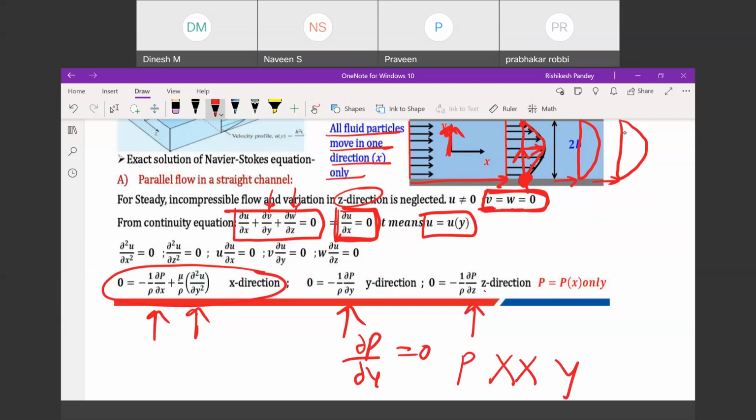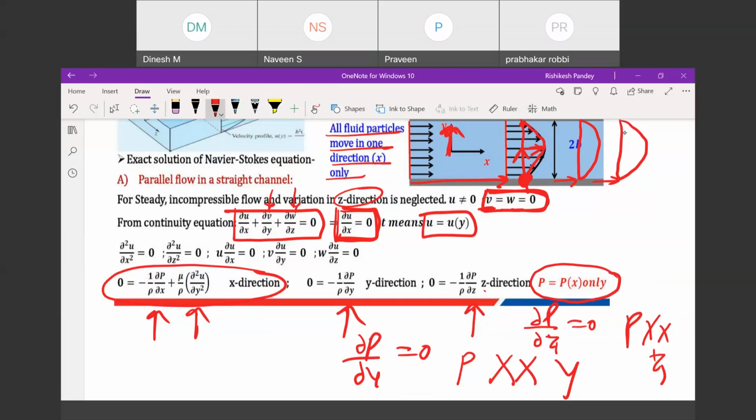Also ∂p/∂z is 0, that means pressure is not varying in z direction. A very important conclusion: pressure varies only in x direction. They can ask this. I could have told you directly to remember this, but you should understand where we are getting it from.